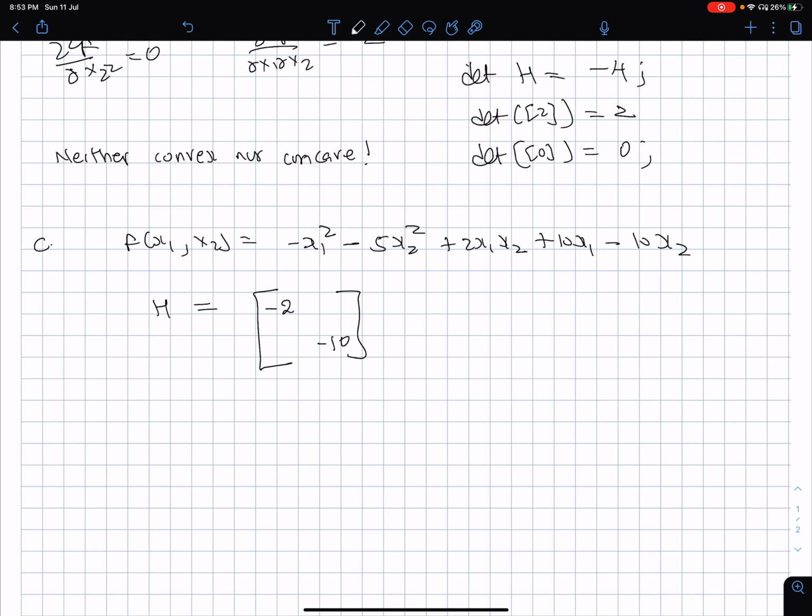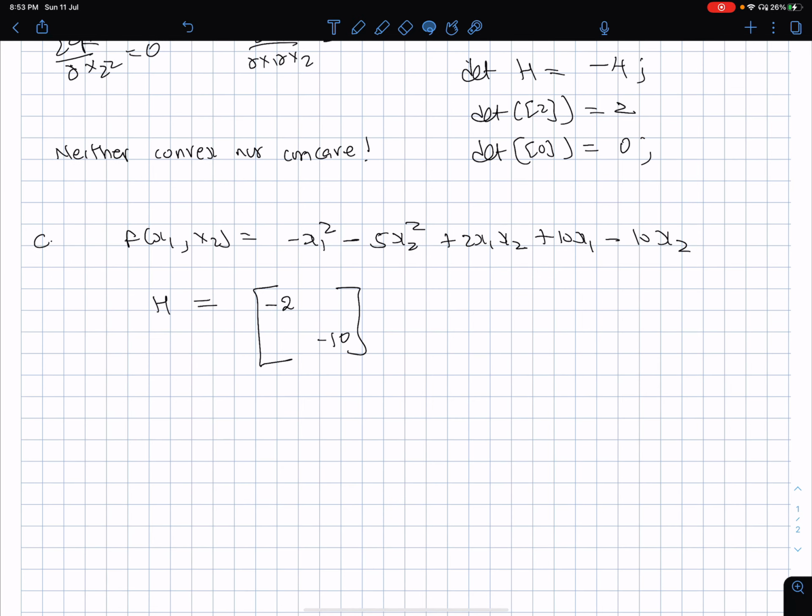And now look at this term. When I take the partial derivative once with x1, I will get 2x2, and then next time I take the partial derivative with respect to x2, the x2 will also vanish. So I will only get 2. So the coefficient associated with x1 x2 is the partial derivative with respect to x1, x2.